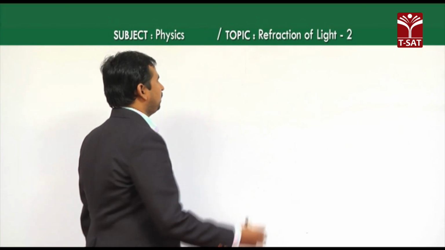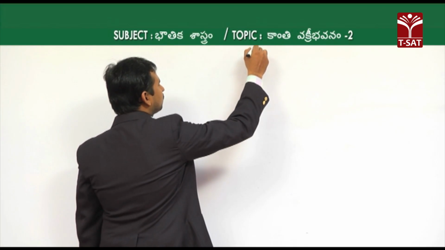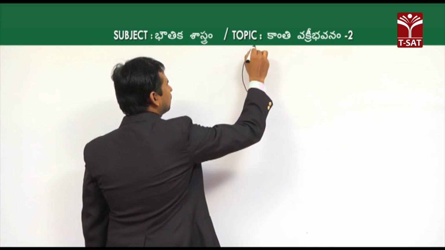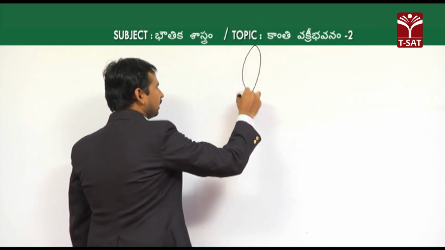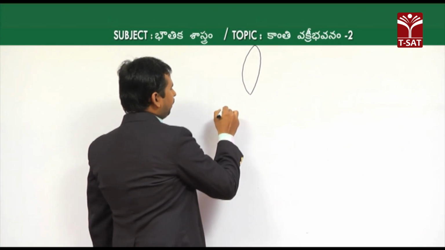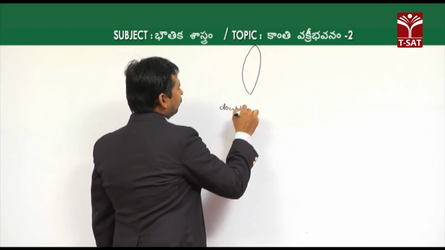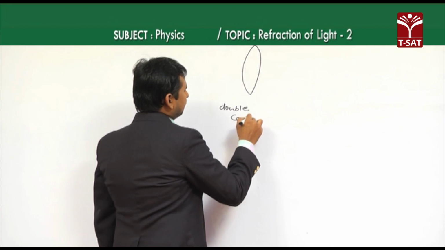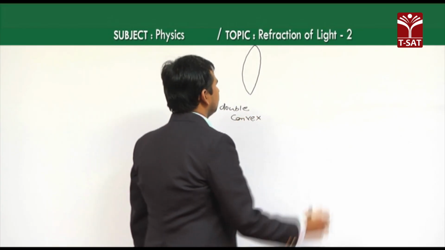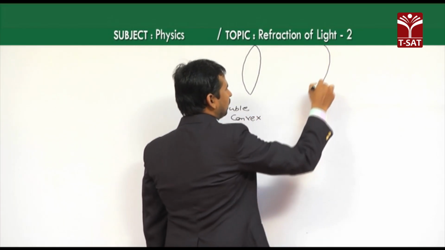Which means on both sides we are taking the same nature of lens like this. This is called a double concave and double convex lens.